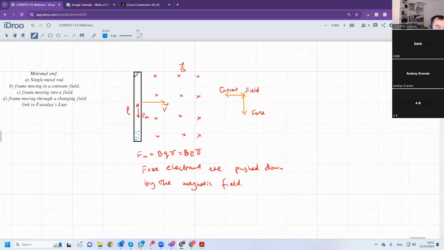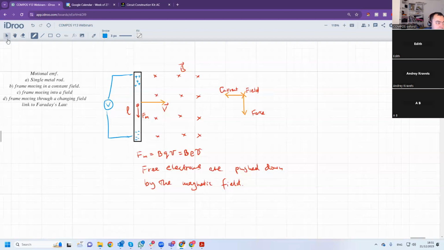And that means that the top will become positively charged. If you connect a voltmeter to the top and bottom, it will register a voltage. So by just moving a metal rod through a magnetic field, you will have a voltage at the ends of the rod.